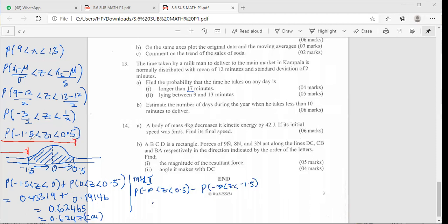So the difference between here and there, this one minus that one. That's why we are subtracting. So can you get me those probabilities? For 0.5, we have 0.69146. And the other one?